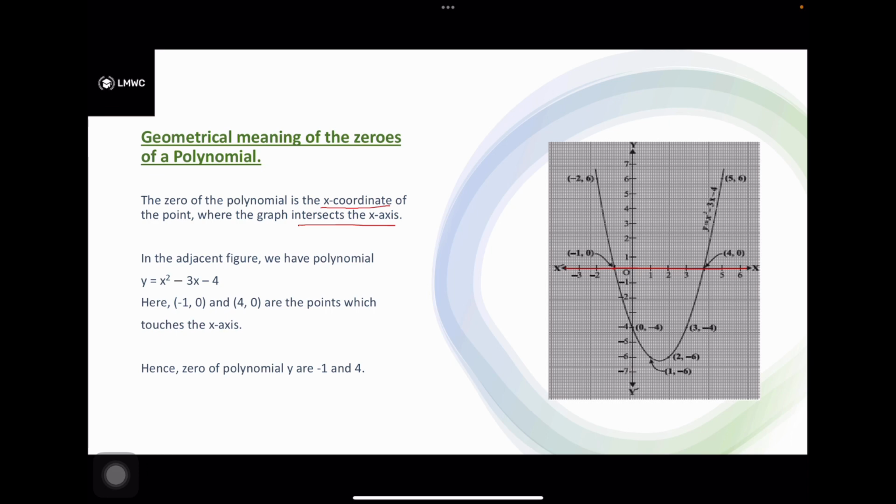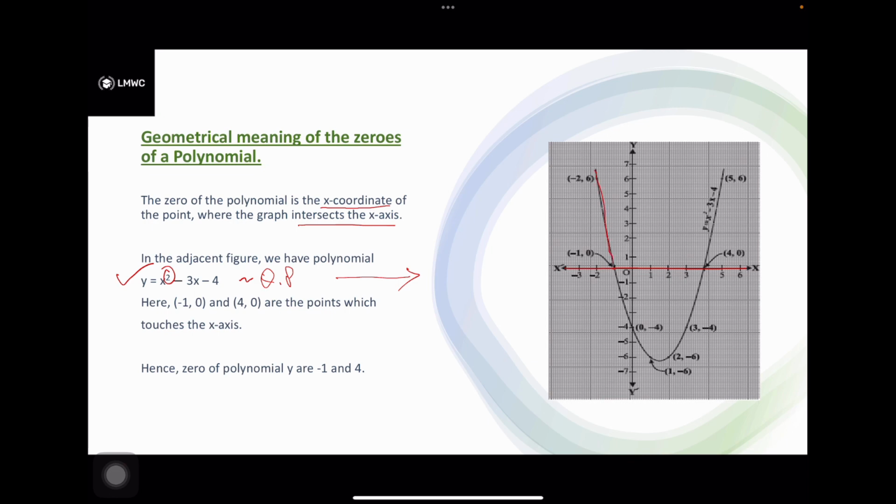Let's say I have been given y equals x squared minus 3x minus 4, and this is our quadratic polynomial. We can name this a quadratic polynomial because the highest degree over here is +2. Now if I represent this quadratic polynomial on the graph, I will get this parabolic shape.